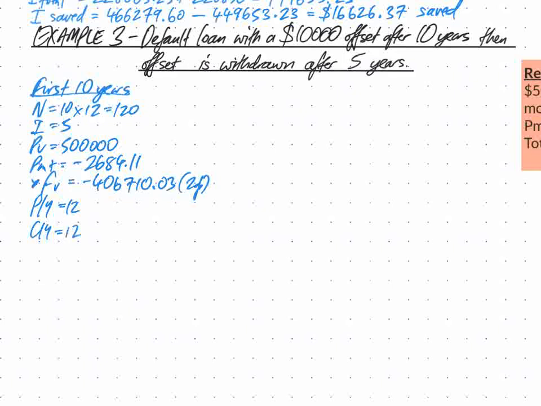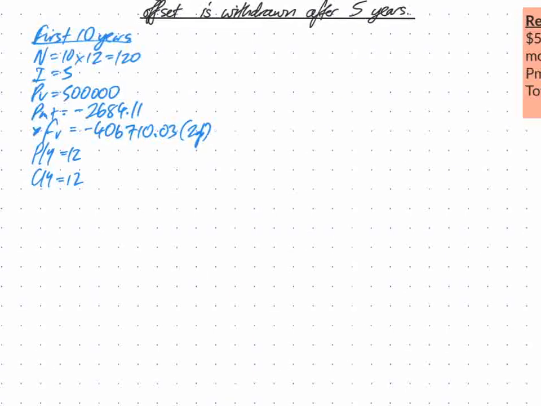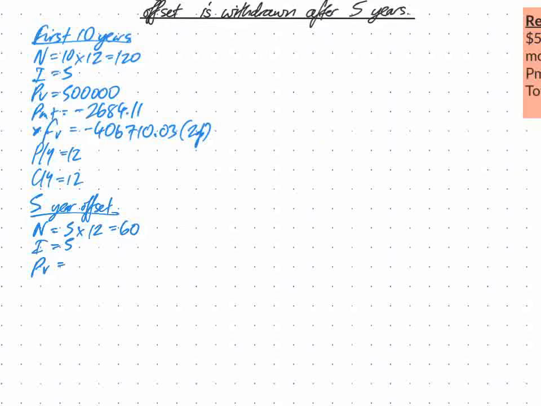Now I need to do the 5 years of offset time. So the 5-year offset. I've got 5 years worth of payments. 5 times 12 is 60. The interest rate stays the same. However, for these 5 years, my debt is reduced.